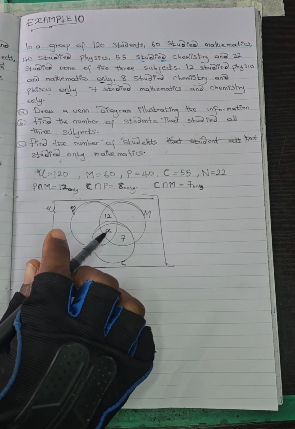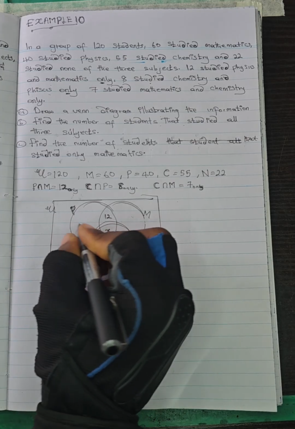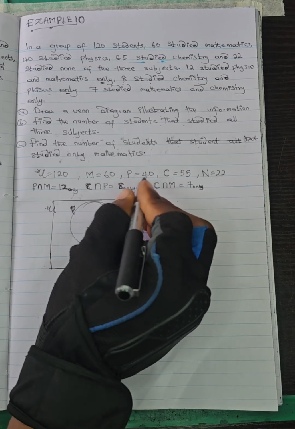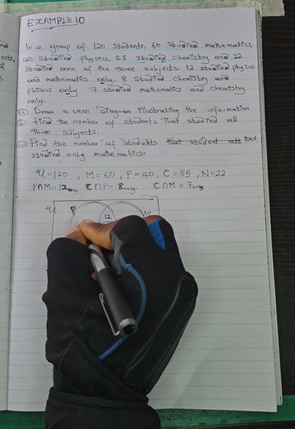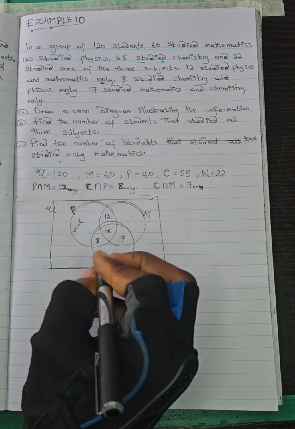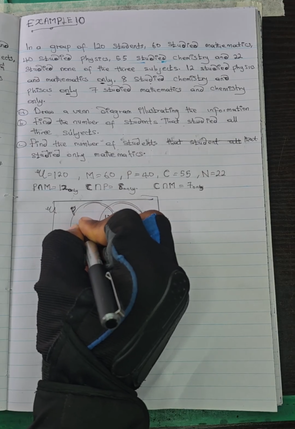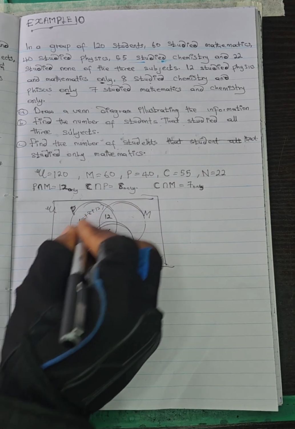So how do we now locate this X? What will now be here is, because I know that physics is everything in this circle and it's 40, I'll just write it as 40 minus, in bracket, X plus 8 plus 12. That's what will be here.